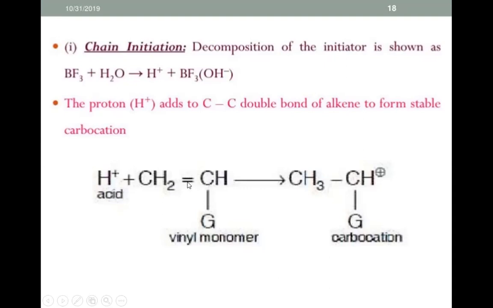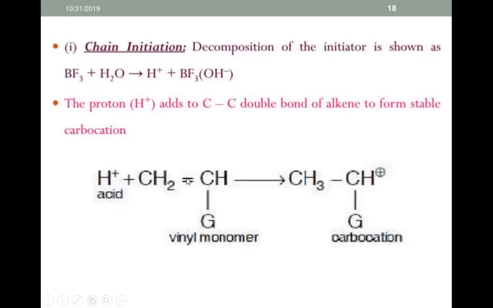This pi bond is weaker than the sigma bond. It undergoes fission, and in this cationic polymerization, it undergoes heterolytic fission. That means the fission of the bond takes place unequally.